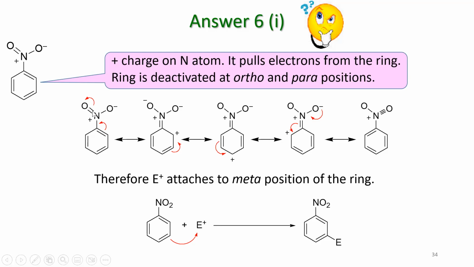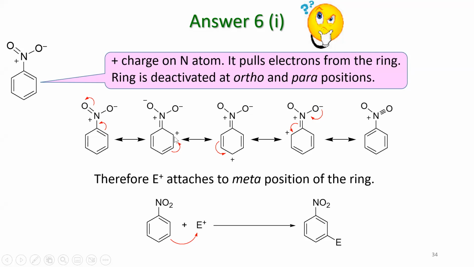So it pulls electrons or removes electrons from the benzene ring like this. So when you write the resonance structures, you get a positive charge migrated to the rest of the carbon atoms in the ring like this. These are the resonance structures of the nitro substituted benzene. And you can see what happens to the benzene ring now: it pulls electrons from the ring and the ring is deactivated.